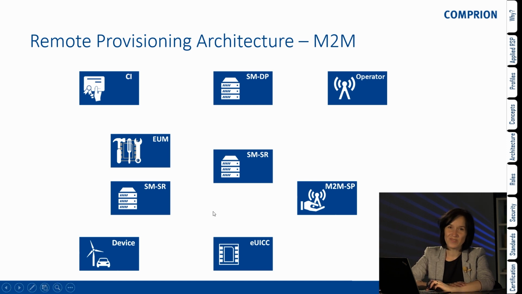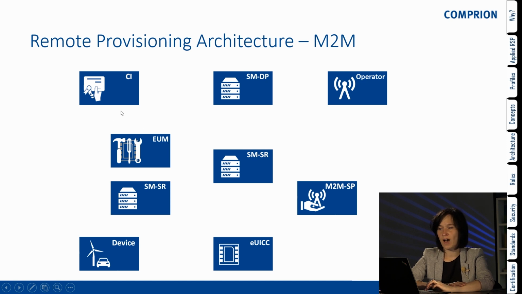So let's start with the eUICC. This is the main component. Then for the communication purposes, we have the subscription manager, the SM-SR, subscription manager for secure routing. We have the SM-DP, subscription manager for data preparation. For the eUICC, we have the eUICC manufacturer, or EUM.